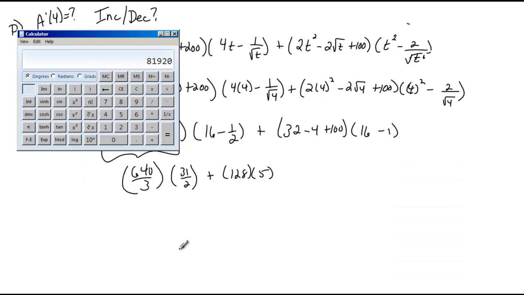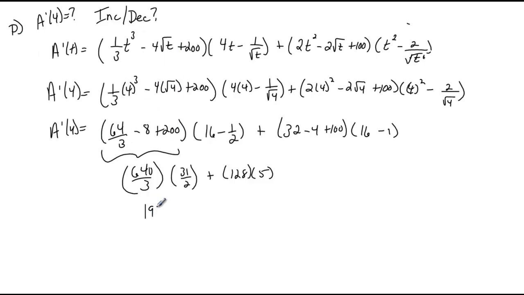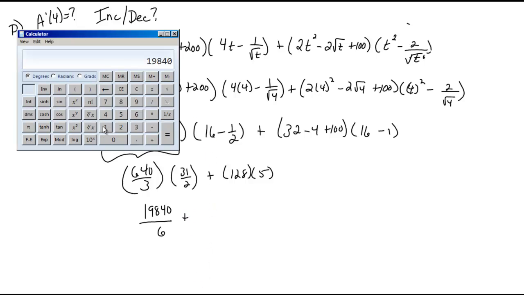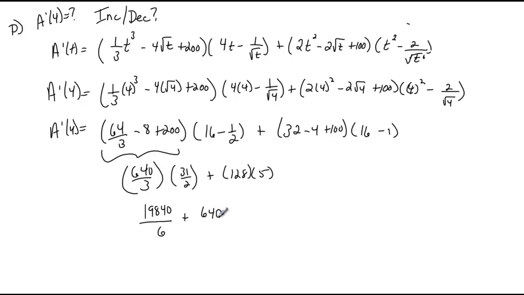So we're going to have 640 times 31, so 19,840, all over 3 times 2, which gives you a value of 6, plus 128 times 15, which is a value of 1,920.